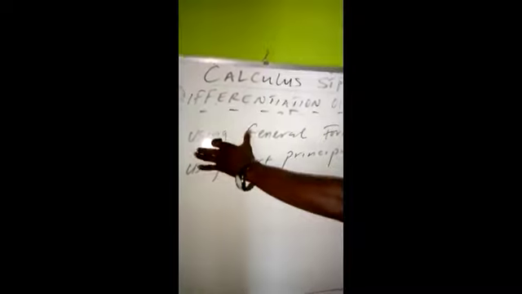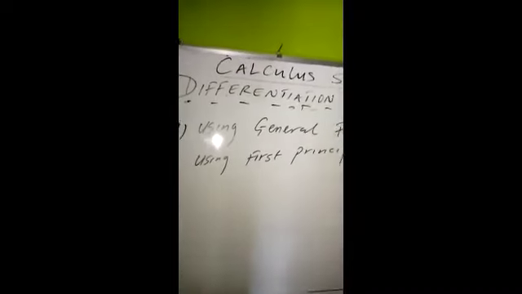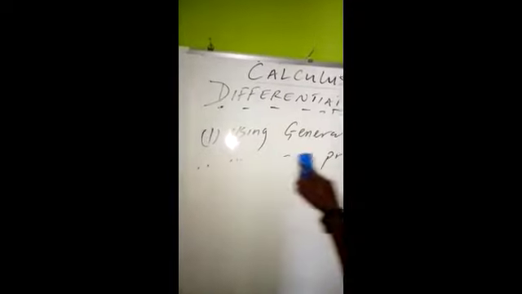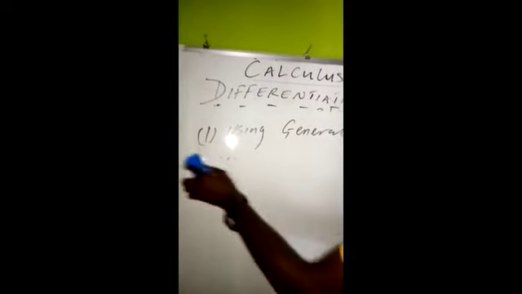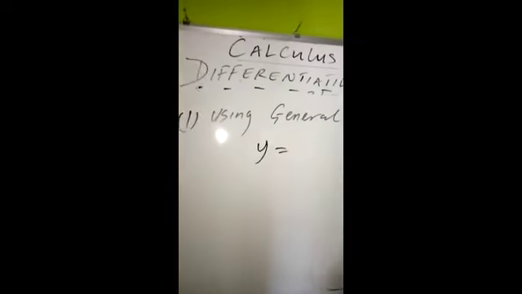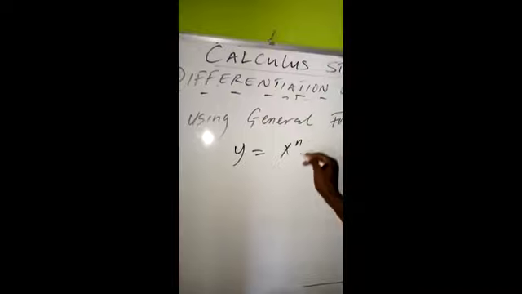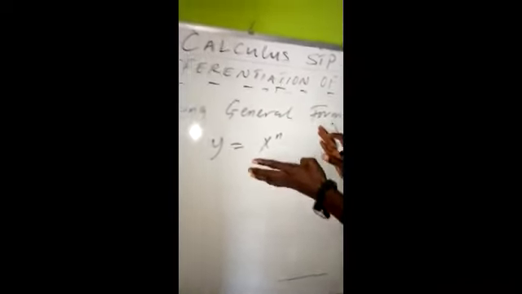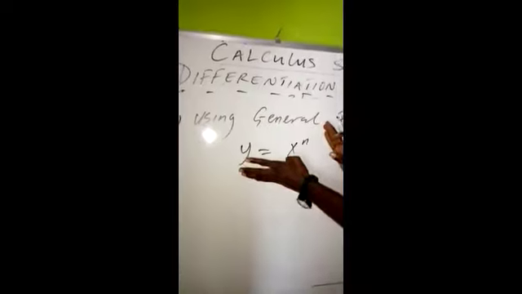Let's start from using the general formula. When you have something like this, y equals x to the power n, this is the function of differentiation using the general formula.